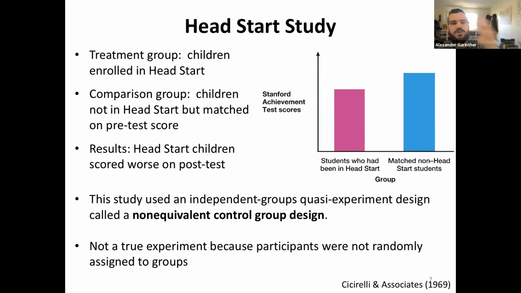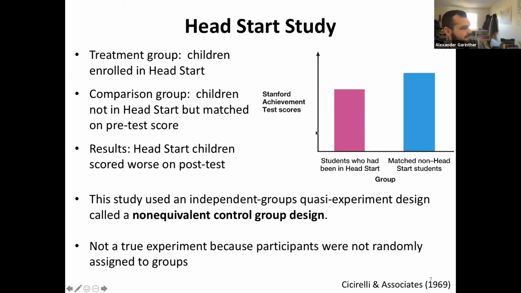We have two between groups here, two independent groups. It's sort of mimicking that independent groups design. And so that's one road toward understanding the effects of a program on our intended outcomes.